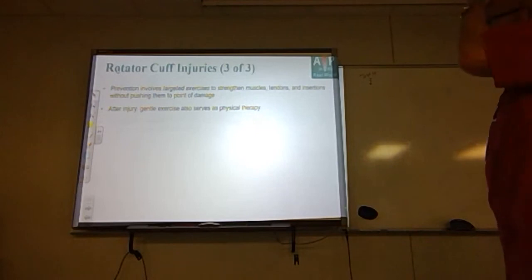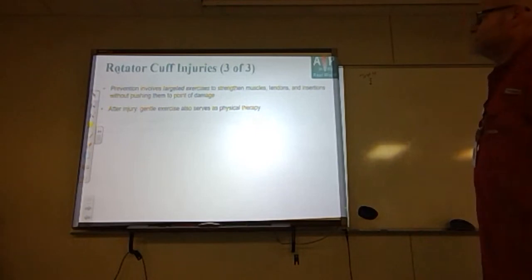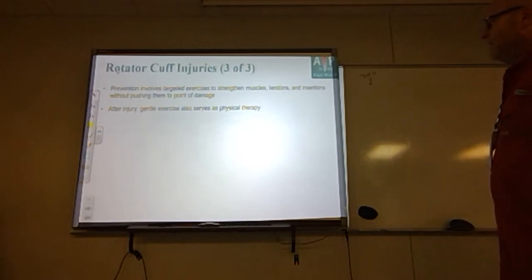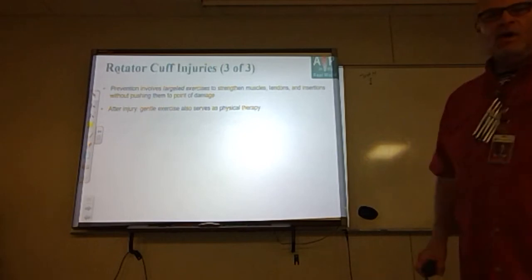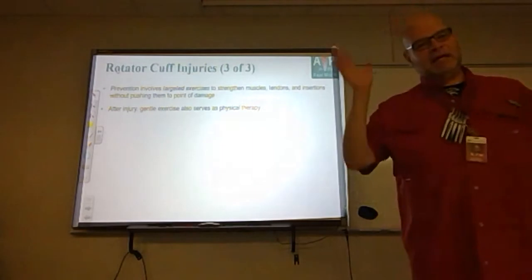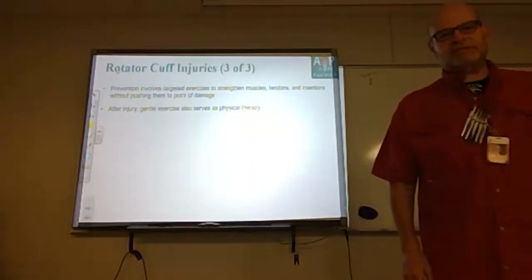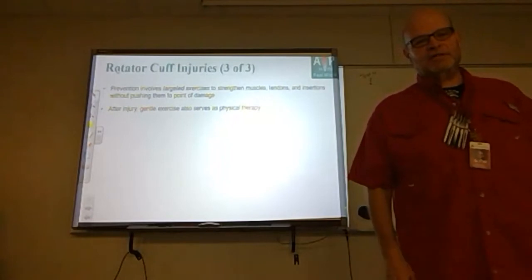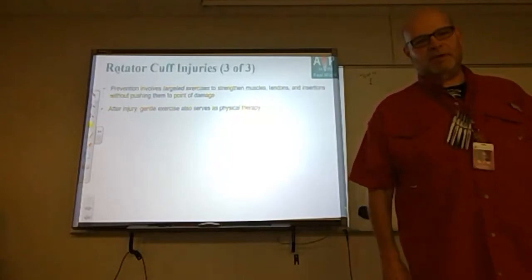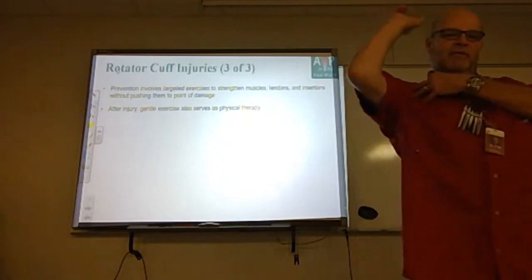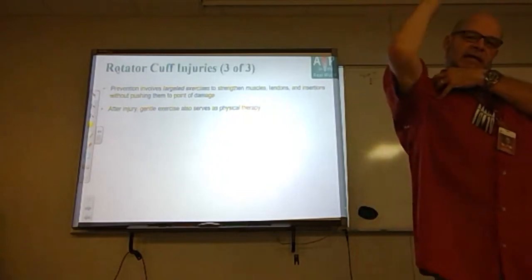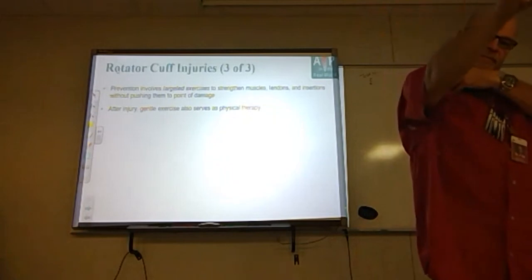Prevention involves targeted exercise to strengthen the muscles, tendons, and insertions without pushing them to the point of damage. After the injury, gentle exercise serves as physical therapy. One of the things you will oftentimes see, again, I always go back to baseball. I was a baseball player. And one of the things you will see occasionally when you watch a game on TV is a baseball player, usually a pitcher, on the bench with a rubber band in his hand, going like this.